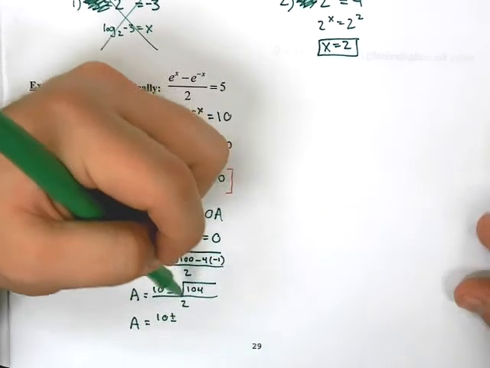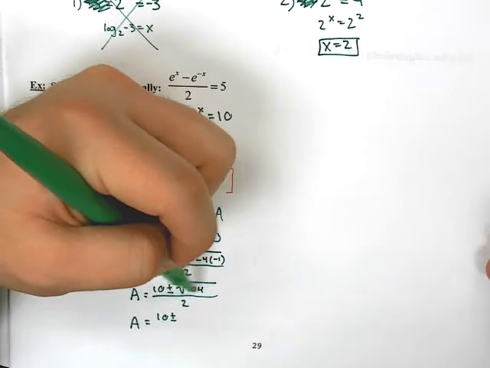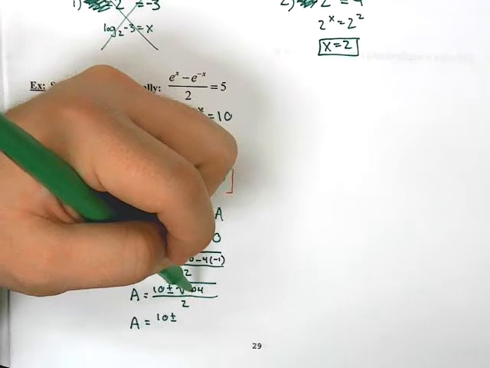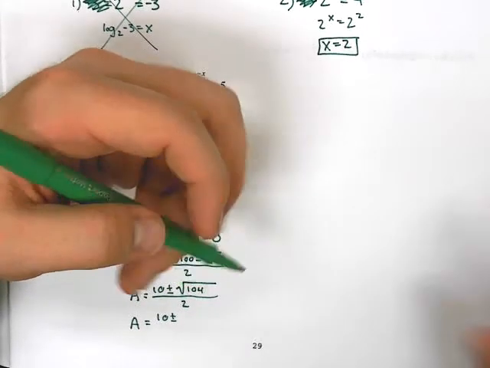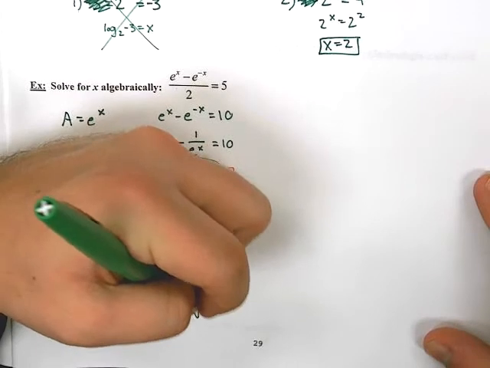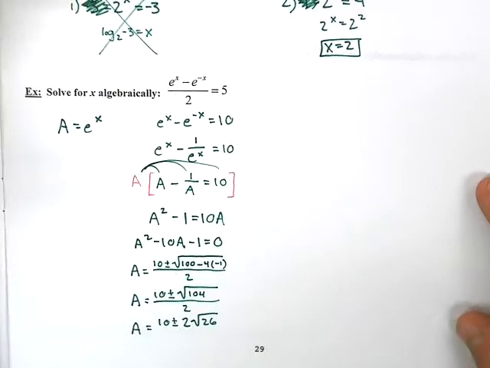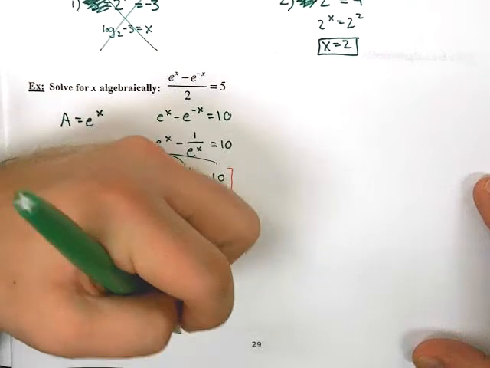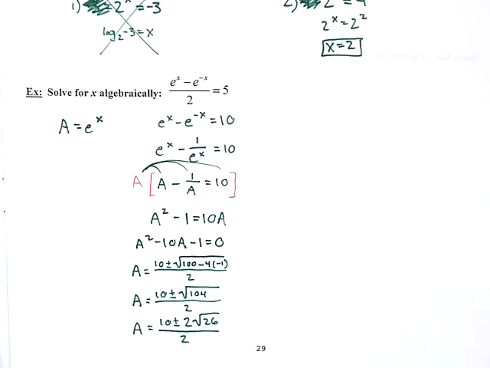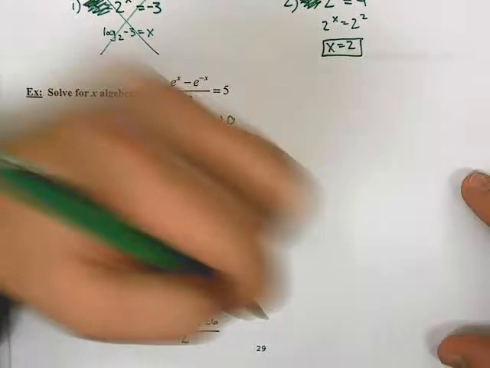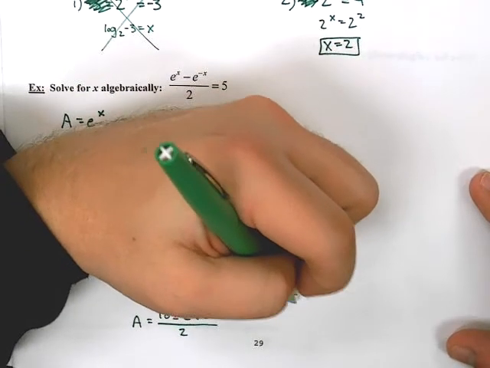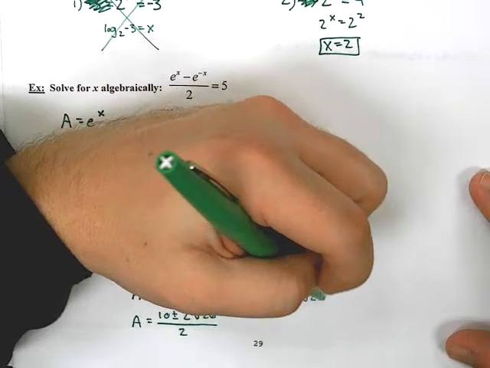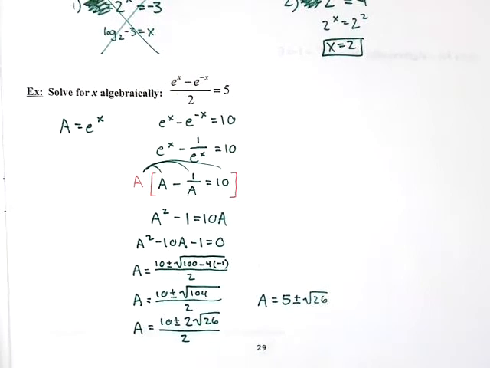If I factor out a 4 from 104, remember I'm taking the square root of it. That's the whole reason I want to take out a perfect square. So I'm going to have 2 square root 26 all over 2. Now when I break this up, I get a is equal to 5 plus or minus root 26.